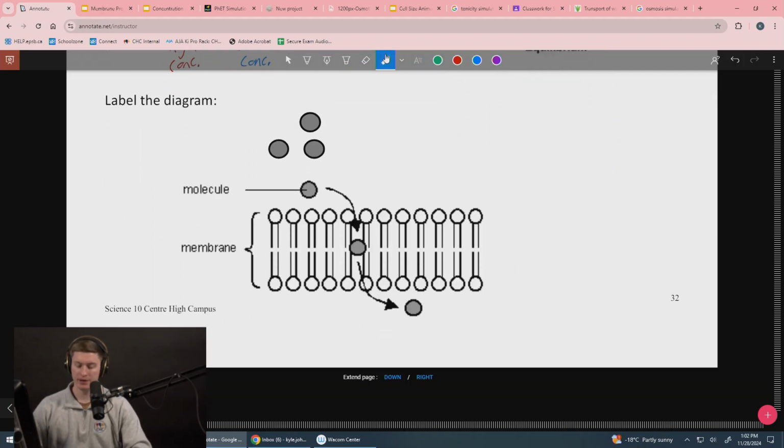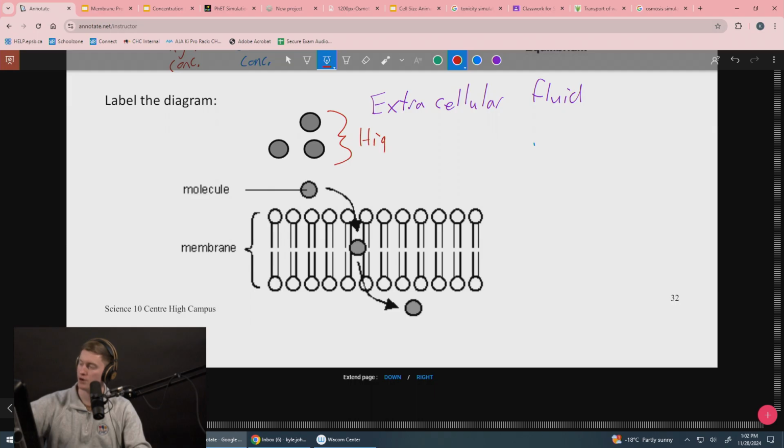Here's a diagram here. We've got a bunch of particles in the extracellular fluid. So I'll write out here that this is my extracellular fluid. Here is my high concentration of particles.